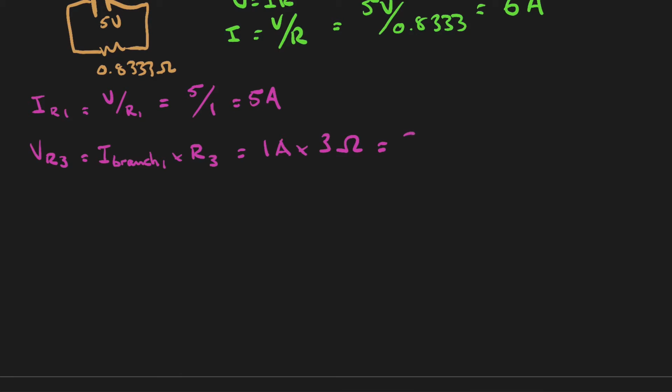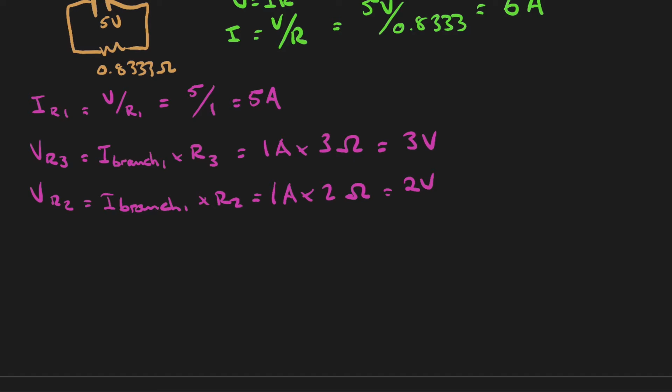That must equal 3 volts. Okay? So what's the voltage across R2? That's the same deal. I branch 1 times R2. And that equals 1 amp, current doesn't change, times 2 ohms, equals 2 volts.